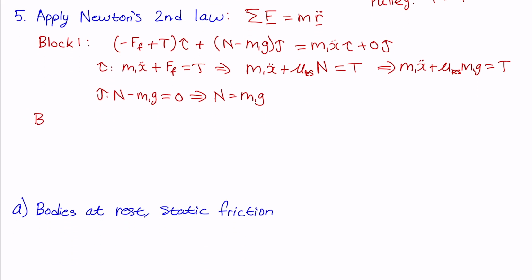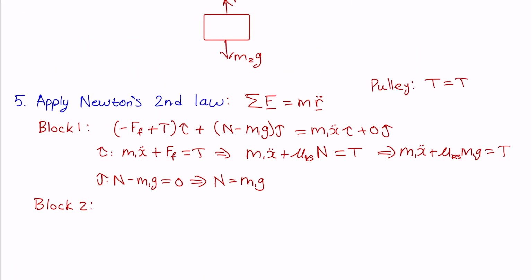For block 2, let me scroll back up here, we will have just forces only in the vertical direction, so 0 I plus T minus M2 G in the J direction is equal to M2 times 0 I minus Y double dot J. And again, we don't need to worry about any forces in the I direction, simply because there aren't any.